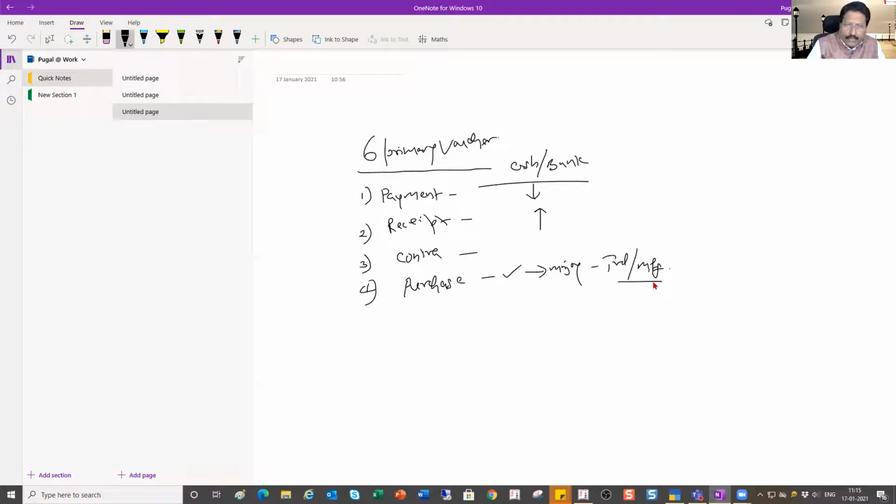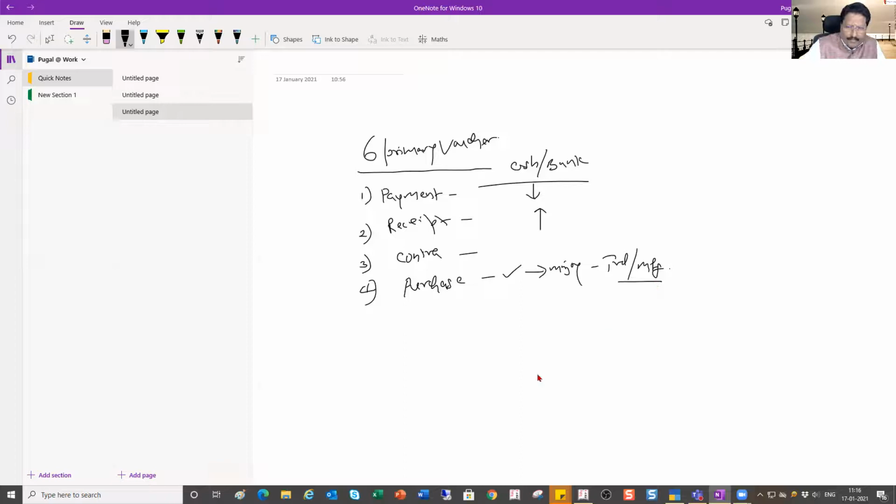Or all those purchases that you make towards procurement of raw materials, components and various other things which are going to be utilized for your manufacturing process, all those procurements will be captured under purchase.